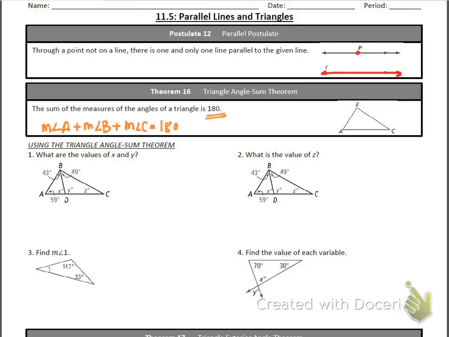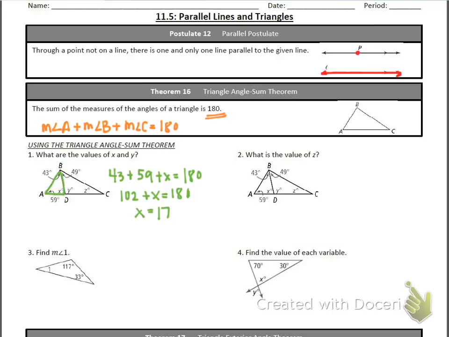The way I want you to show your work, you have 43 plus 59 plus x, and those should all equal what? 180, because they form a triangle. So 43 plus 59, what does that give you? 102 plus x equals 180. And then how do we solve for x? Subtract 102. So what do you get?